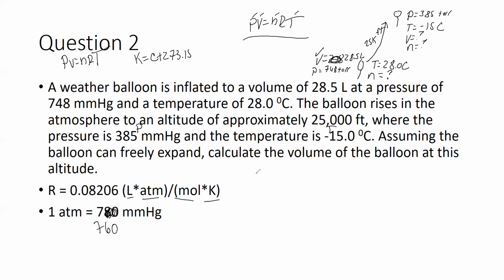So we need to do a unit conversion here: 748 millimeters of mercury for every 760 millimeters of mercury. These units cancel out, and there's 1 atmosphere. So our pressure, instead of 748 torr, is 0.984 atmospheres.